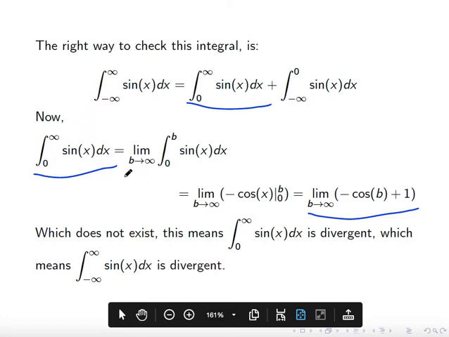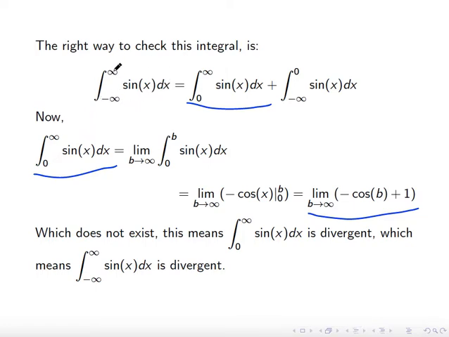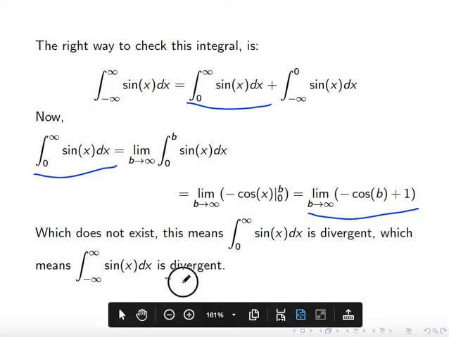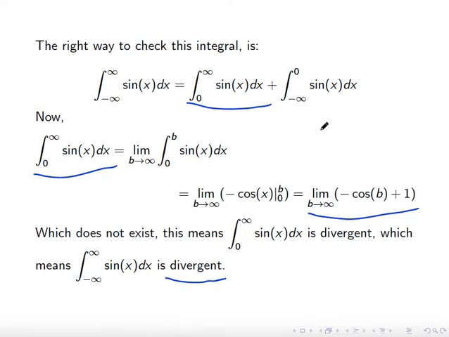Remember, the definition says that the integral from negative infinity to infinity is convergent only if both pieces are convergent. So even if one of them is divergent, the whole thing is divergent. This gives us the right answer, and it makes sense because sine of x does not get close to the x-axis all the time when x approaches infinity.